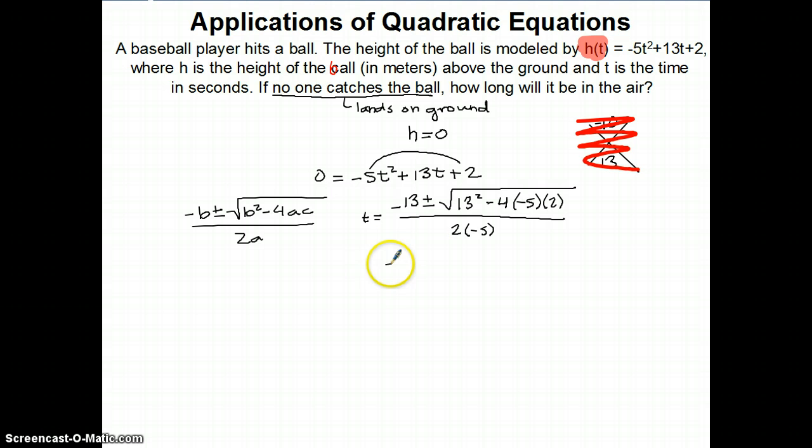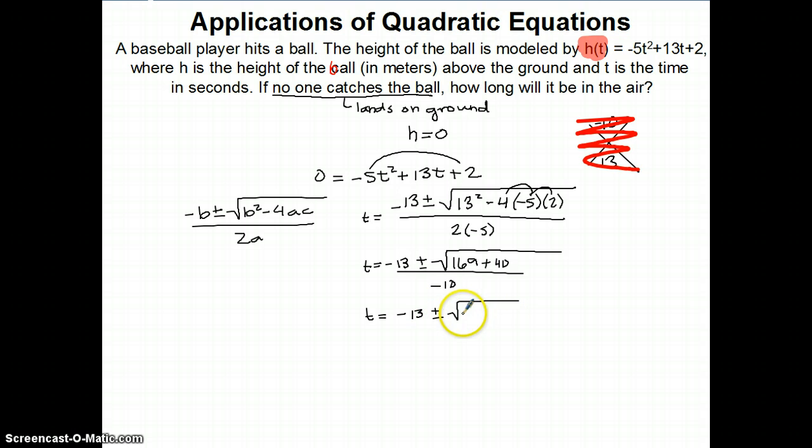So t equals negative 13 plus or minus the square root of 13 squared, which is 169. When I multiply negative 4 and negative 5, I get positive 20 times 2 is positive 40, all over a negative 10 on the bottom. So t equals negative 13 plus or minus the square root of 209 all over negative 10.